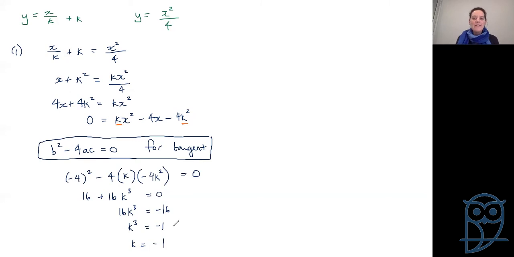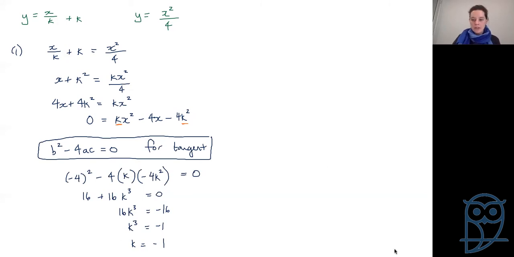Because we had that information about the intersection between the line and the curve, and we got this intersection to a quadratic, we can then use the discriminant to look at the intersections. If the intersections are a tangent, it equals 0, and we can solve for k. So now we know that k equals minus 1.